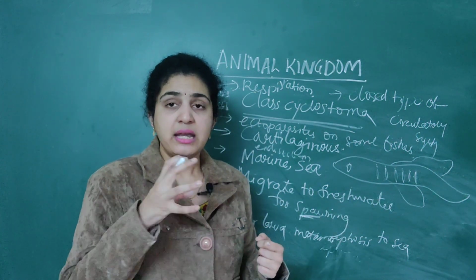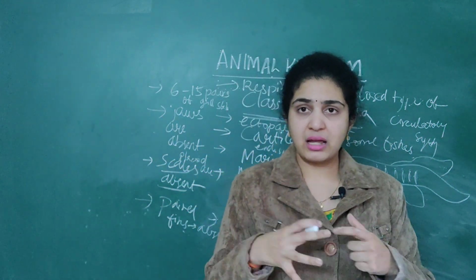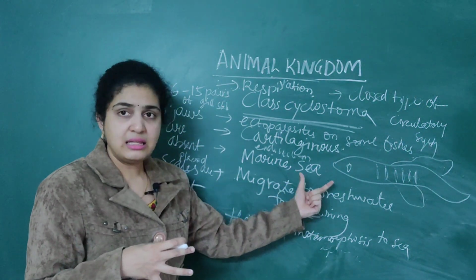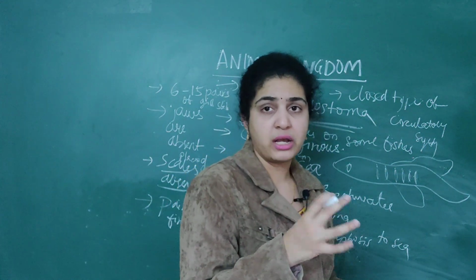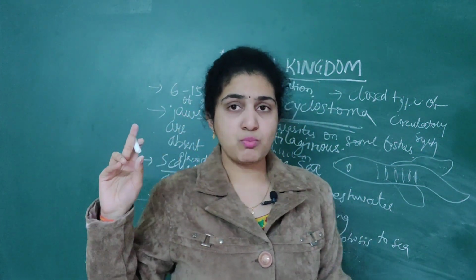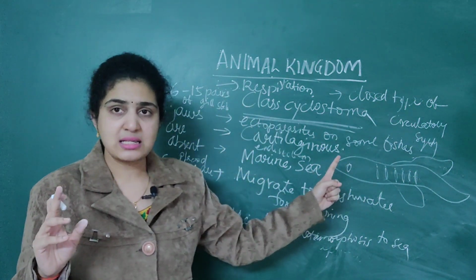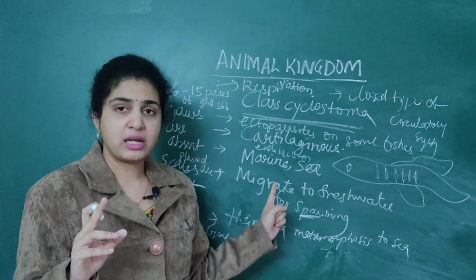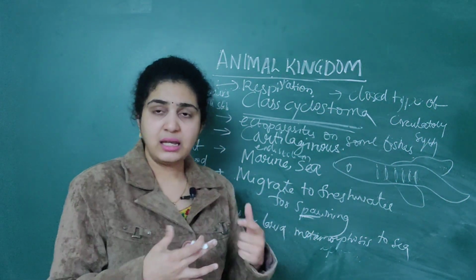Next, where do they live? They are marine, they live in the sea. And they migrate to fresh water for spawning. The only organisms which migrate to fresh water for spawning are class Cyclostomata.